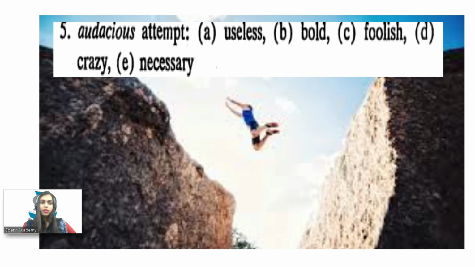As you see in the background picture, there is a step done by a person who is jumping from one stone to another, and the distance gap is very large. That means he is very bold to take any risk in his life. So at that time, you have the right answer. The right answer here is bold.